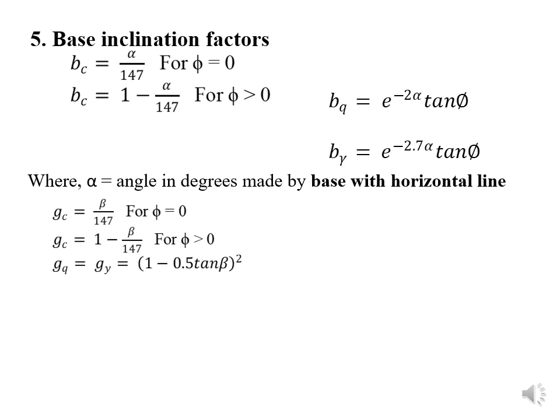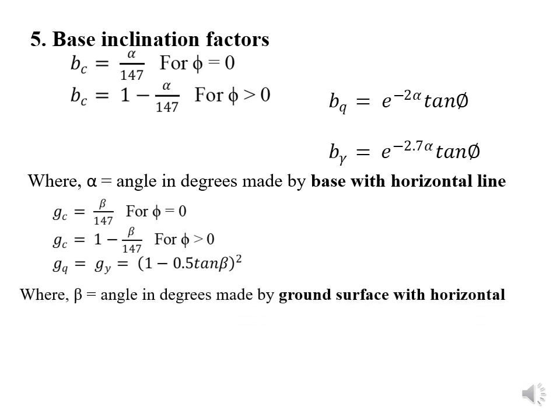And GC is called the ground inclination factor. We can calculate GC by this formula for different values of phi, for phi equal to 0 and phi greater than 0. But you can see GQ and G gamma both remain the same, and can be calculated by the formula 1 minus 0.5 tan beta, whole square. Here you see beta. What is beta?